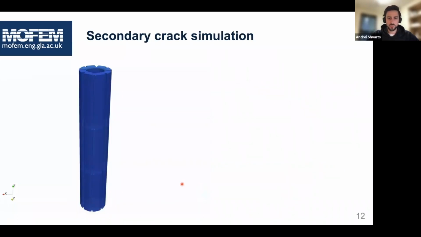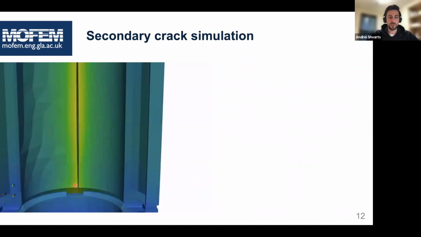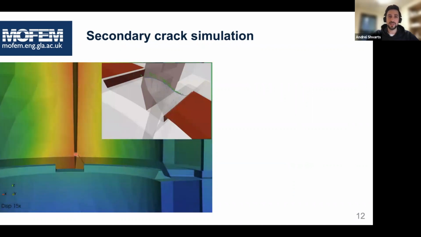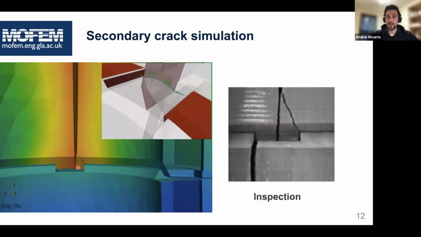The last study that I wanted to show to you here is a so-called secondary crack. It appears in a stack of bricks in the interfaces between those bricks when one of the bricks has already cracked. So you can see here this long axial crack, which has been opened up. And due to this contact between the bricks, another crack appears and detachment of a segment can take place. And again, it can be compared with a photo of inspection inside of a real working reactor.